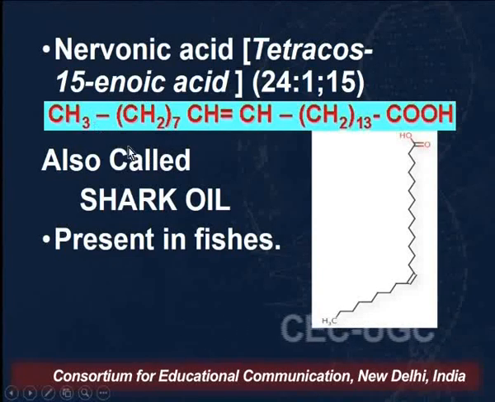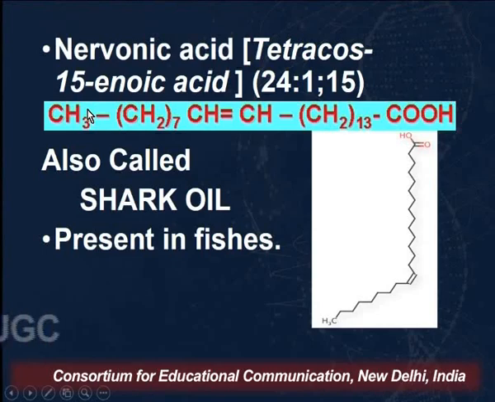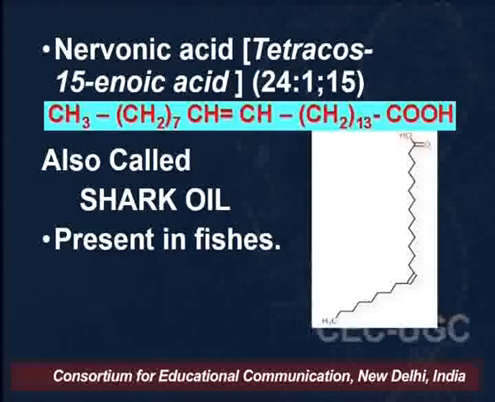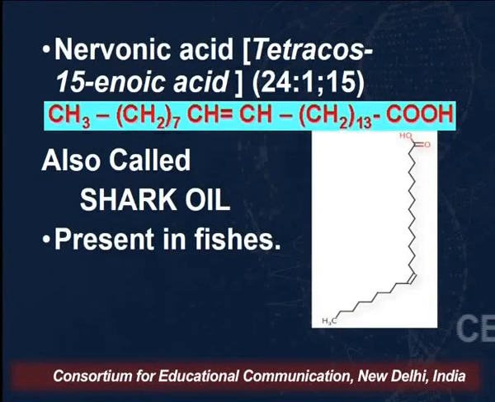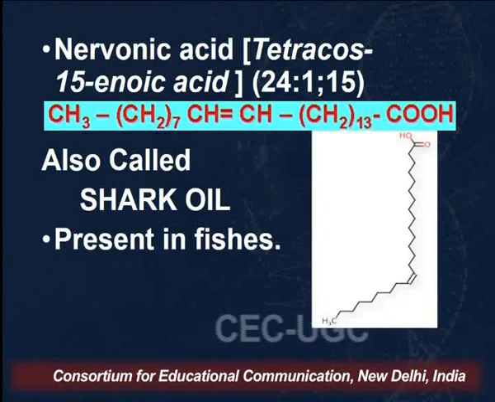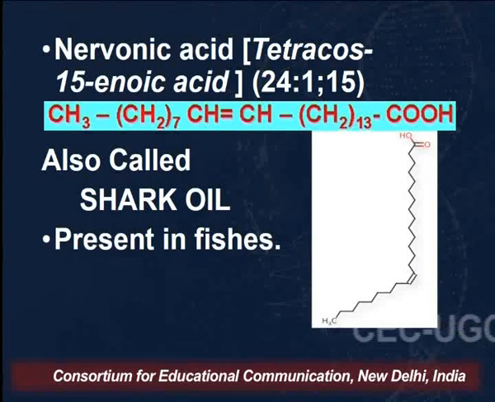Why is nervonic acid called shark oil? Because it is present in fishes and it is an unsaturated acid. So the two unsaturated acids which I have discussed here, and which I consider important, one is oleic acid, the other is nervonic acid.